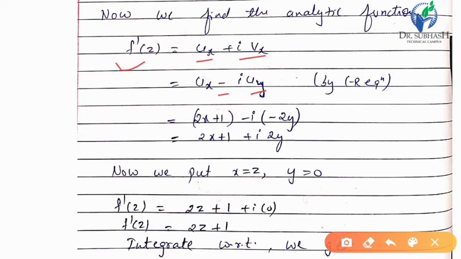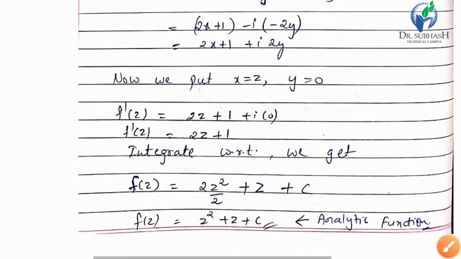So ux equal to 2x plus 1 and uy equal to minus 2y. Now I will open this bracket, so I will get 2x plus 1 plus i 2y. Now what we will do is we will put x equal to z and y equal to 0 in this equation.